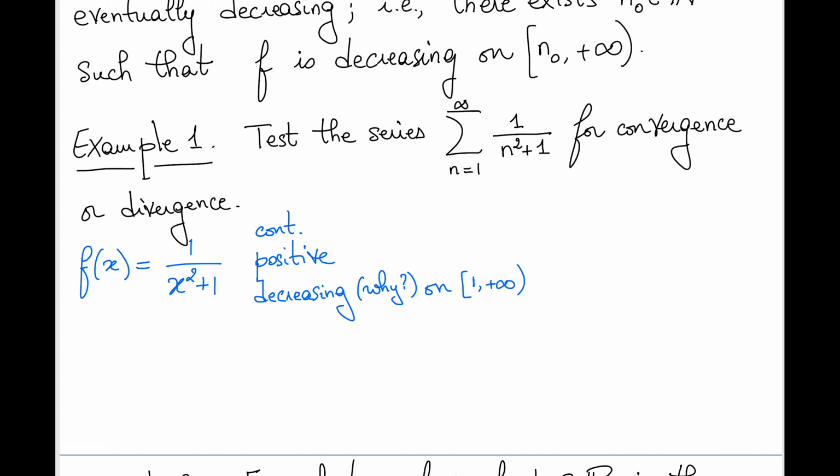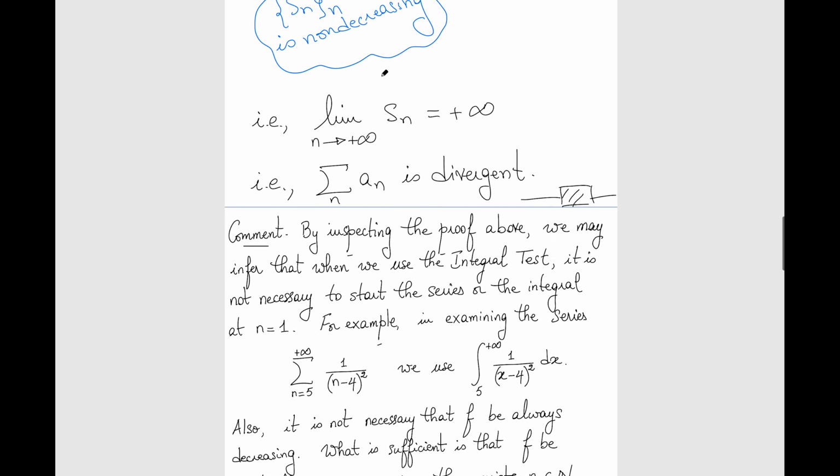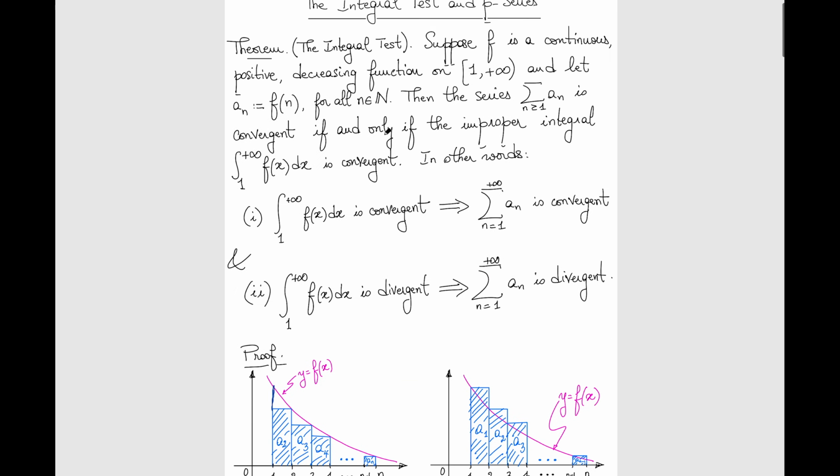So all of these, actually, I should say, all of these happen on 1 to infinity. As such, I can employ the integral test that we just learned above. Observe that the f I'm constructing trivially verifies this.